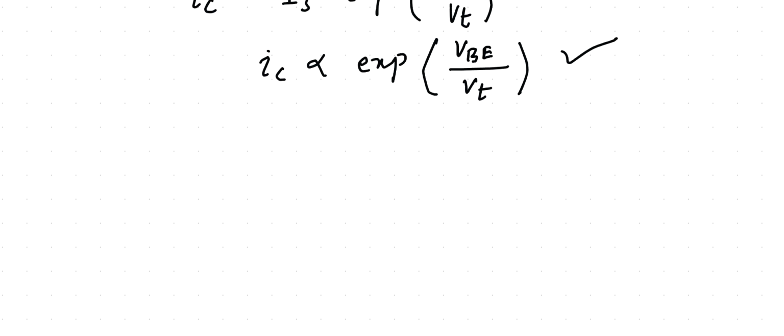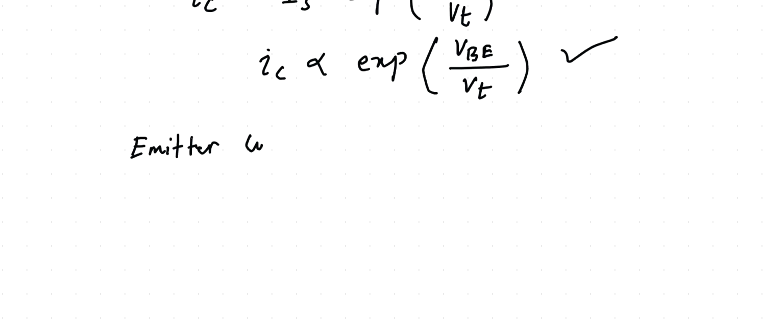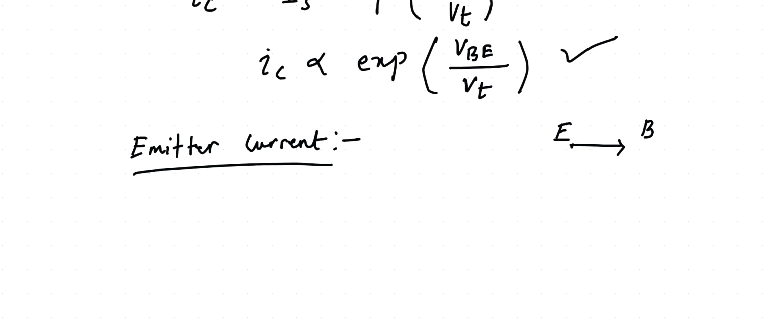Now let us move to the emitter current. So we are done with the collector part. Now let us move to the emitter current, and how we can derive it. If you will see, the emitter current has two parts. One is due to the flow of electrons injected from emitter to the base. That part we will write as IE1, the first component of emitter current.